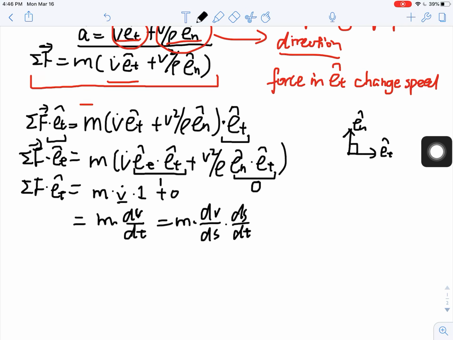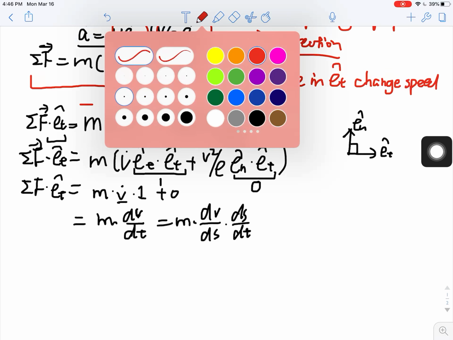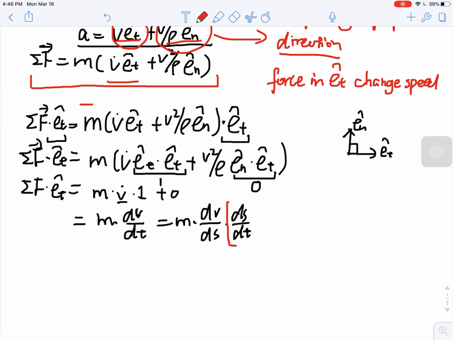And if you look at this ds dt, what is that? That is the derivative of distance with respect to time. That will give you velocity, or that will give you speed. So we can replace that with speed.